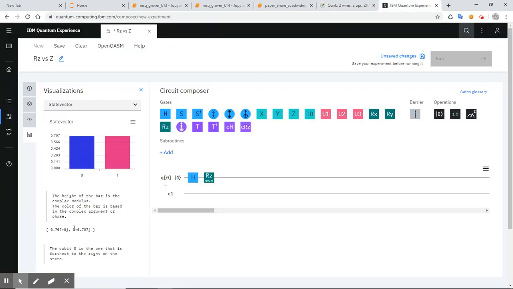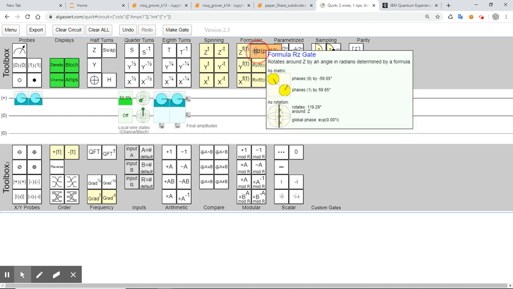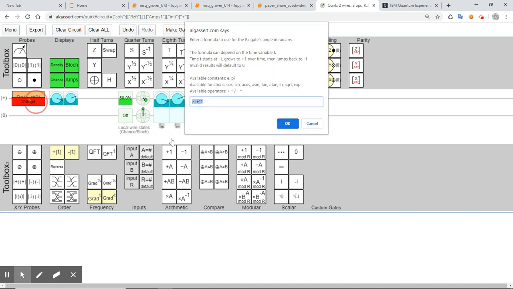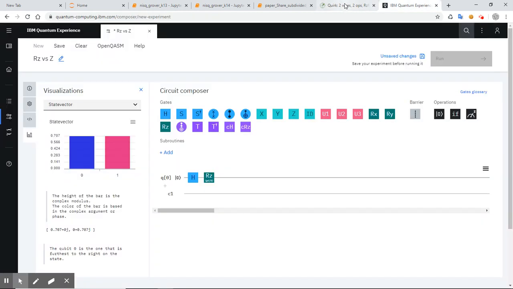And here we got totally something different. Pi divided by 2. And here we have a 1/4, which should be the same rotation. Again, this is just so confusing. Pi divided by 2, where are we? Pi divided by 2 RZ.